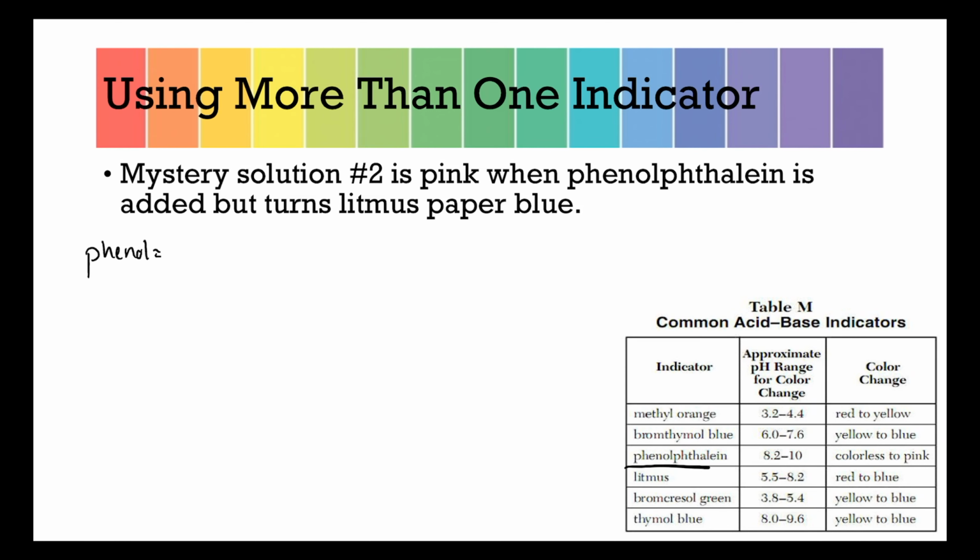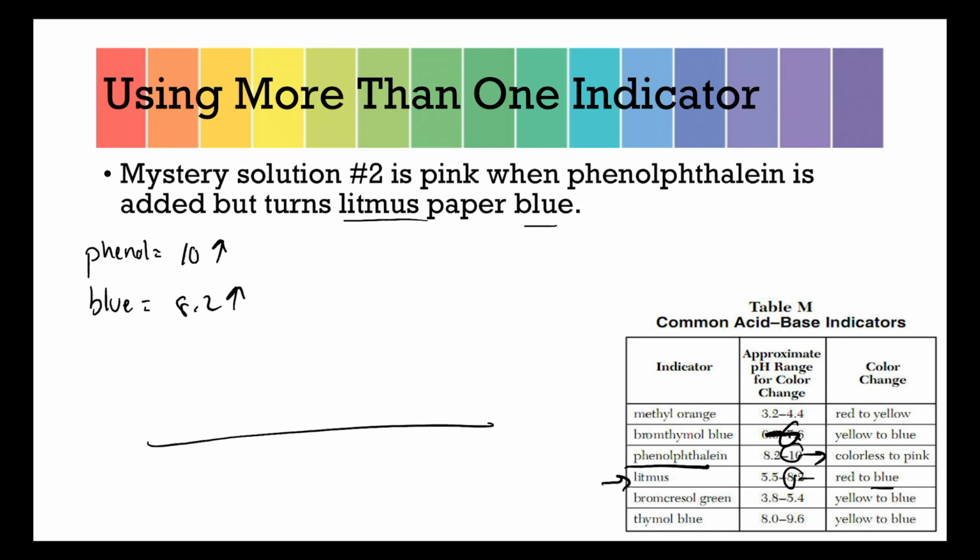Okay. Mystery solution number 2 is pink when you're using phenolphthalein. If you're pink, that means you're 10 or higher. And it turns litmus paper blue. Litmus is blue when you are 8.2 and higher. So if we put it on our number line, we have 8.2 and higher, and we have 10 and higher.